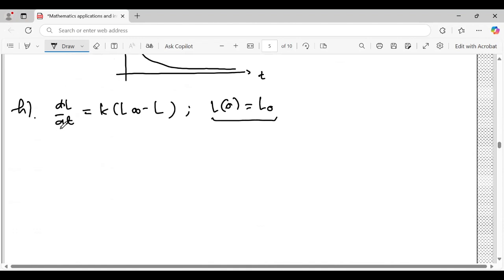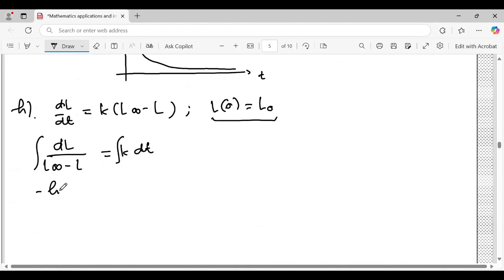Now, I would like to rearrange this differential equation to become dL over L infinity minus L equals k dt. The next step is to integrate the left-hand side and right-hand side.